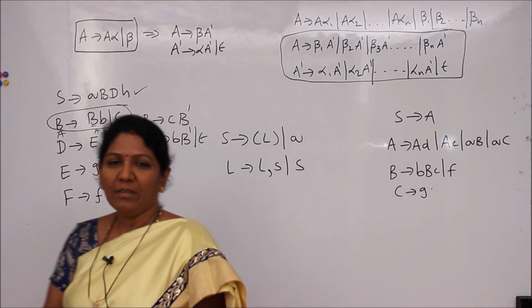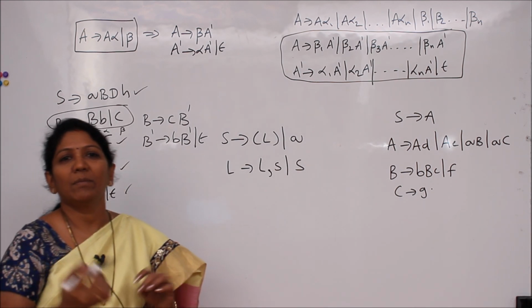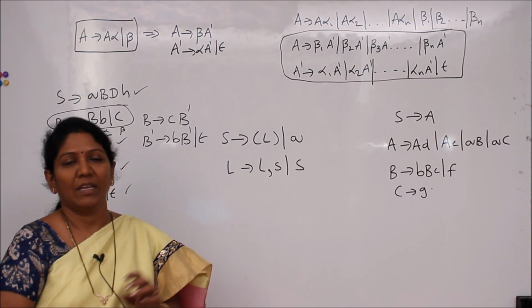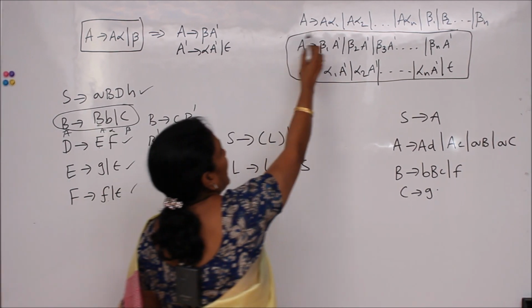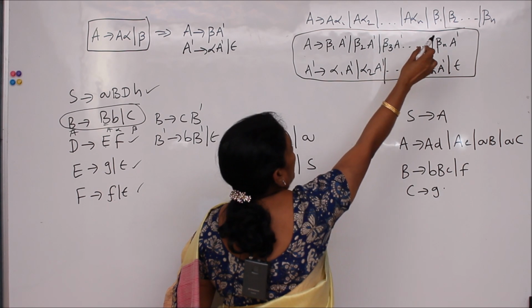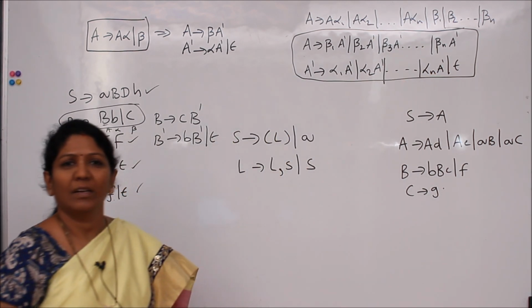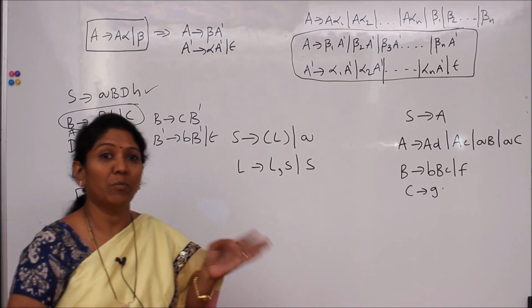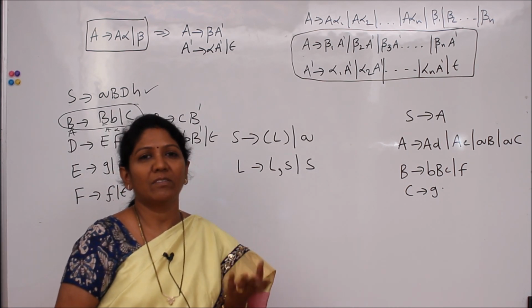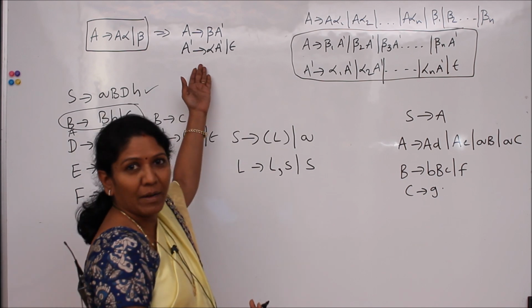Remember, this left recursion can even be generalized. That means if there is left recursion at more than one place, that means if you have something like A to A alpha 1, A alpha 2 and so on, beta 1, beta 2, beta n. How do we eliminate the left recursion here? When left recursion is there at more than one place also, we can generalize by using the same formula.